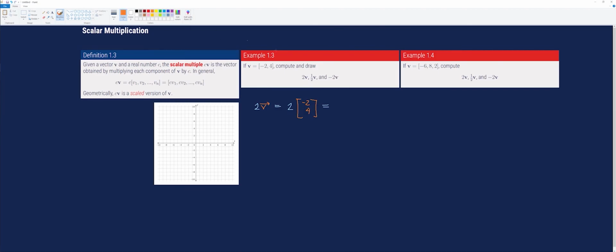That is, we have 2 times negative 2, and we have 2 times 4. Performing the operation, we will have the result, and that is equivalent to negative 4, 8.